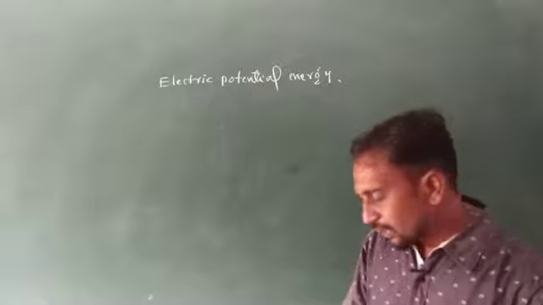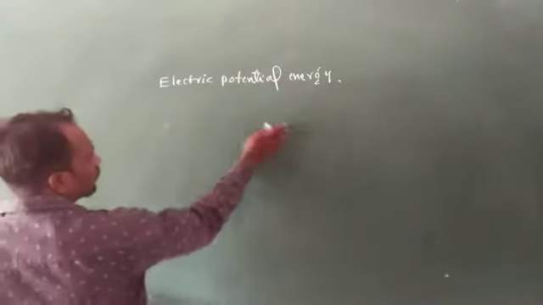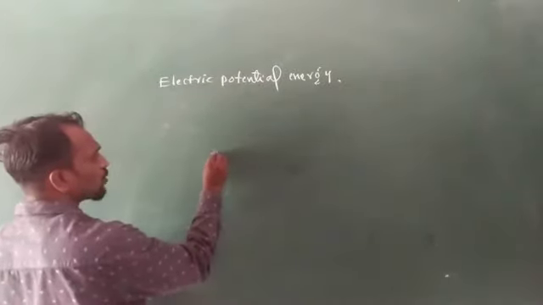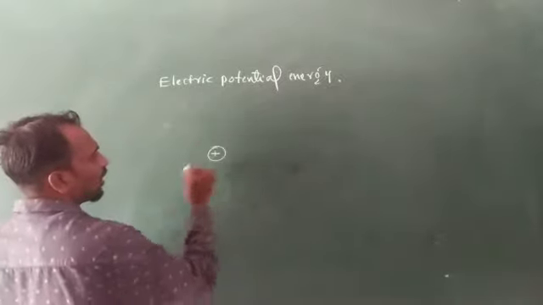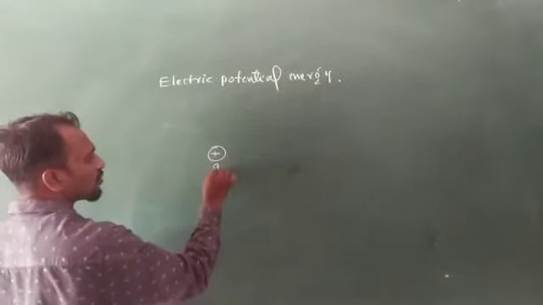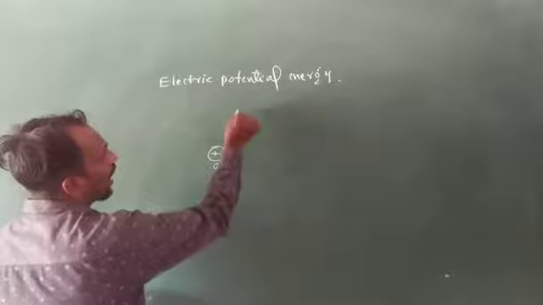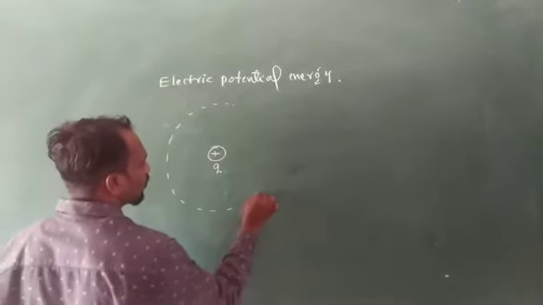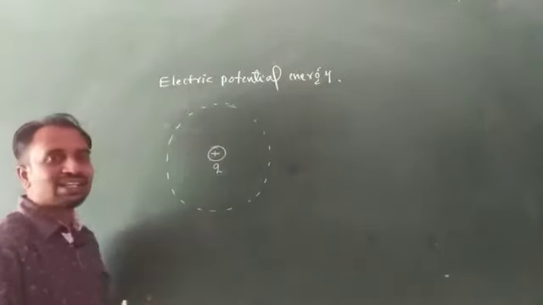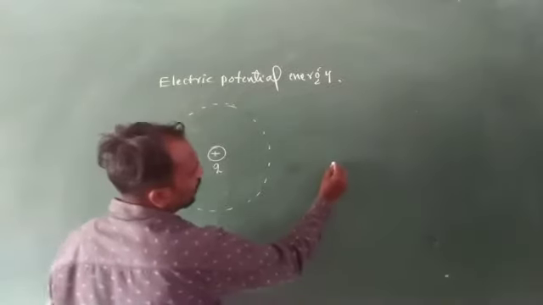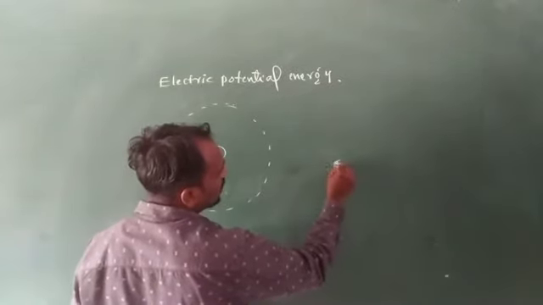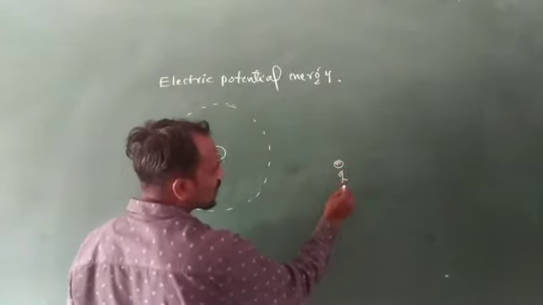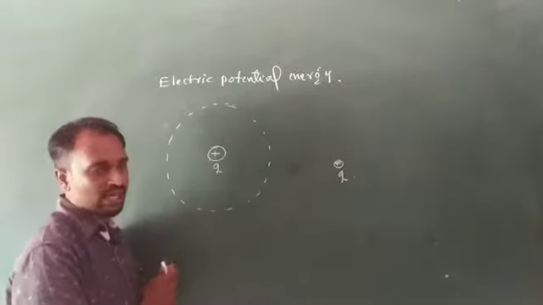Suppose this is a positively charged particle, the source charge, and in its surrounding we consider an electric field. Here is another positive charge, which we consider the test charge, and this one is the source charge.